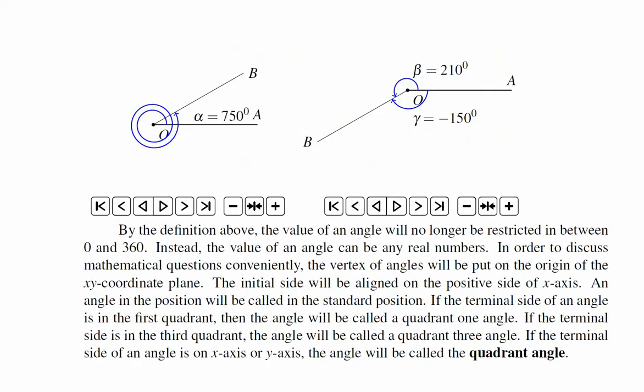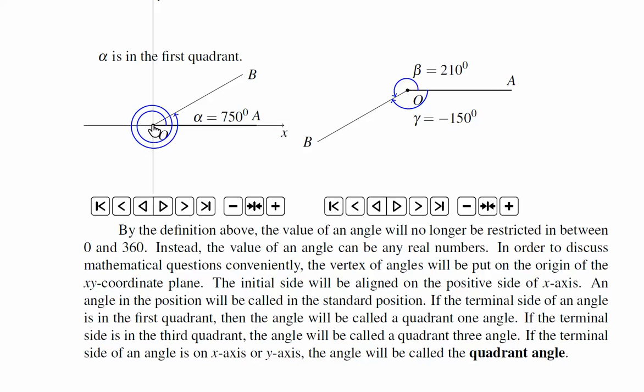Now, sometimes in order to study conveniently, we like to put the initial side on the x-axis. We do it in this way. You see the origin.